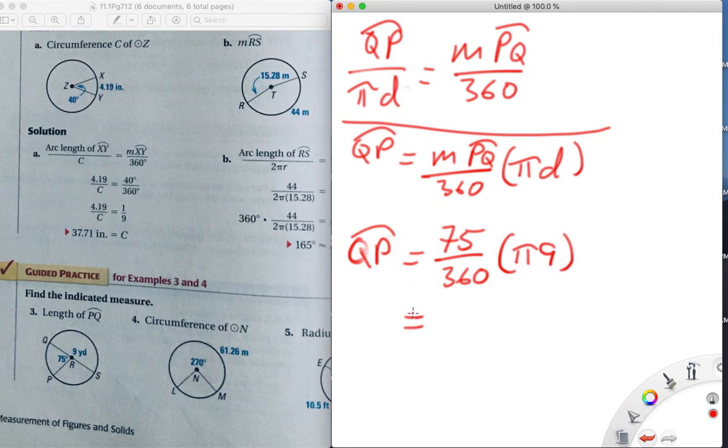And I get that the arc length is about 37.7 inches. Yay.